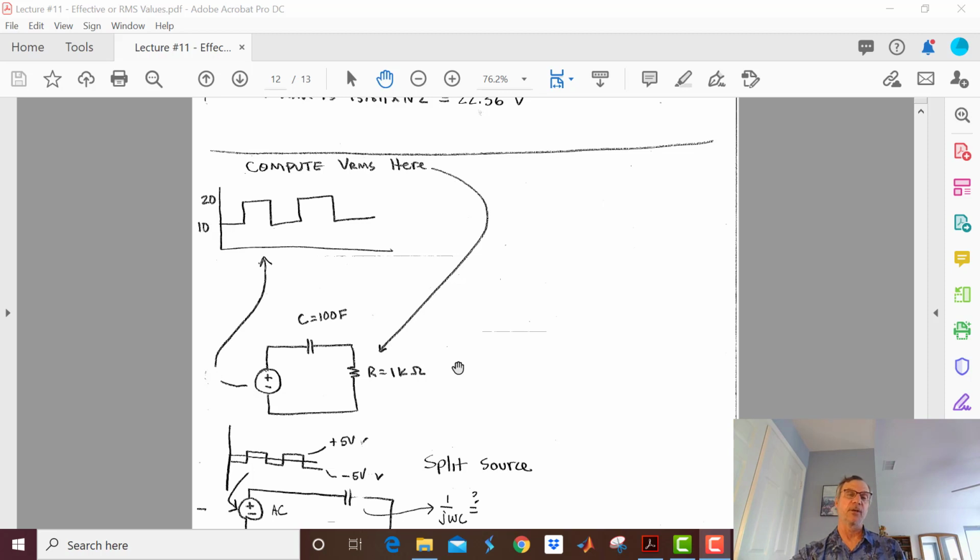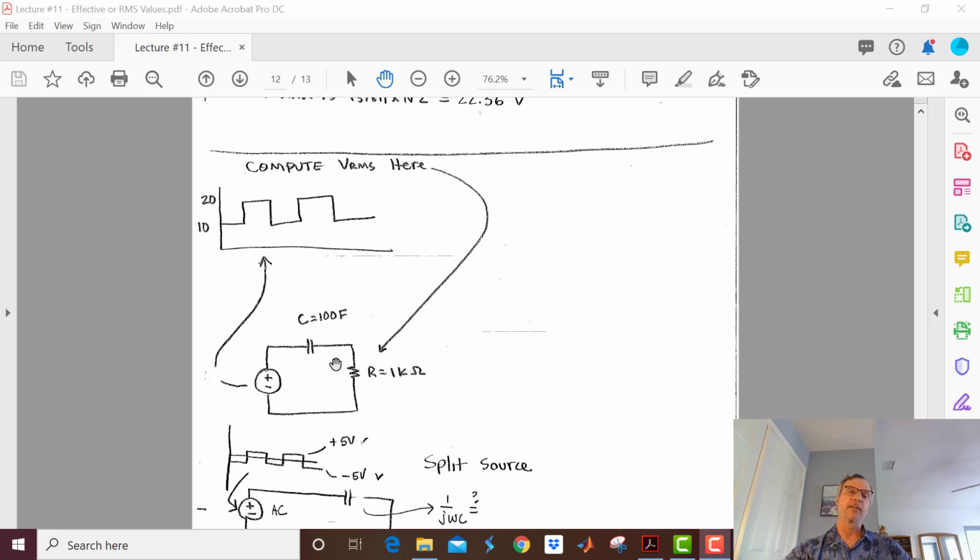In EE330, we use this concept quite a bit. I call them magic EE330 capacitors, which just means they're really big. They pass the AC signal unscathed, but they do not pass DC. And again, it's simple. 1 over j omega c is the impedance of the capacitor. So if that denominator is huge, the impedance is really low. But if the frequency is 0, I don't care how big the capacitor is, I got a 0 in my denominator. And so the impedance is infinite. So it's a very useful concept and quite useful when you're actually designing stuff too.